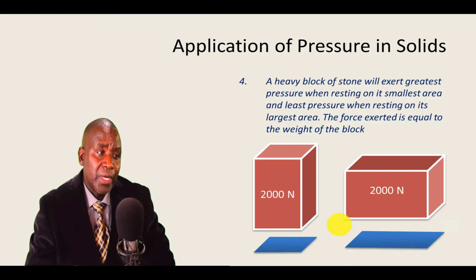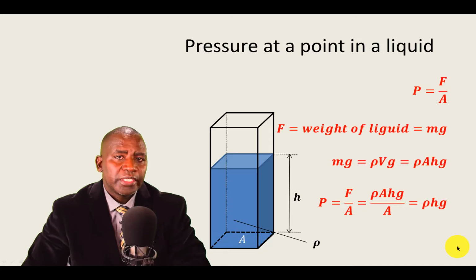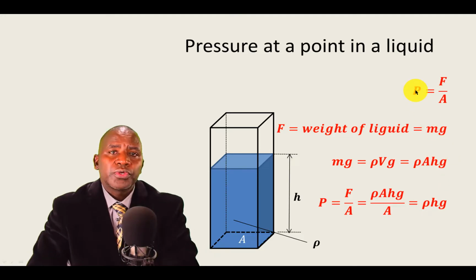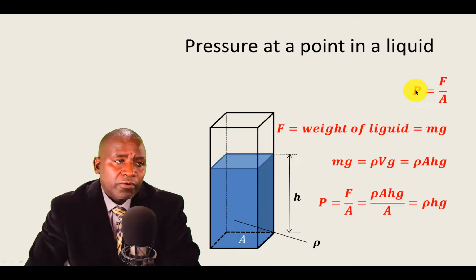Next, we will look at pressure in liquids. Now let us turn to pressure at a point in a liquid, because liquids also do exert pressure. And we are going to start with this equation. Pressure is defined as force divided by area, or force per unit area.